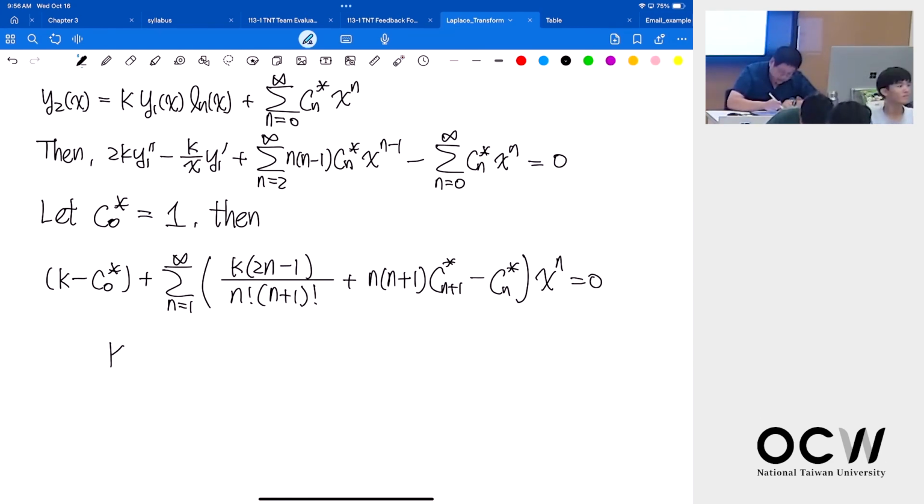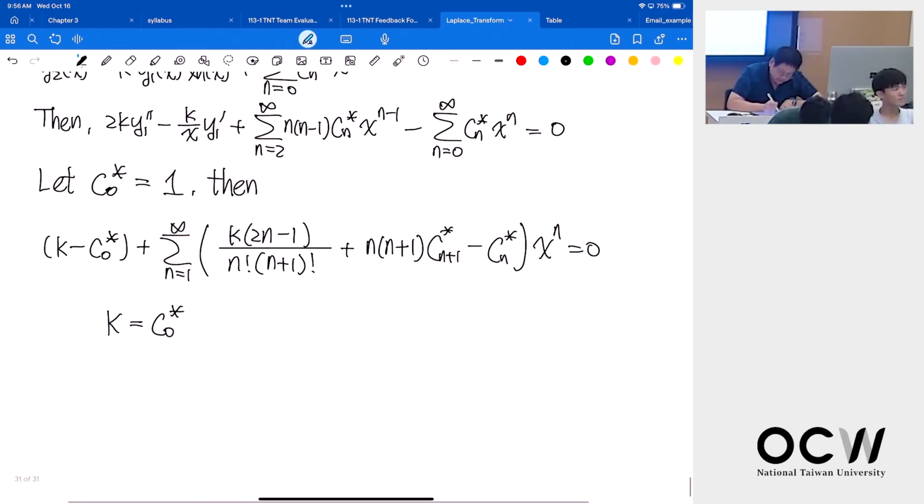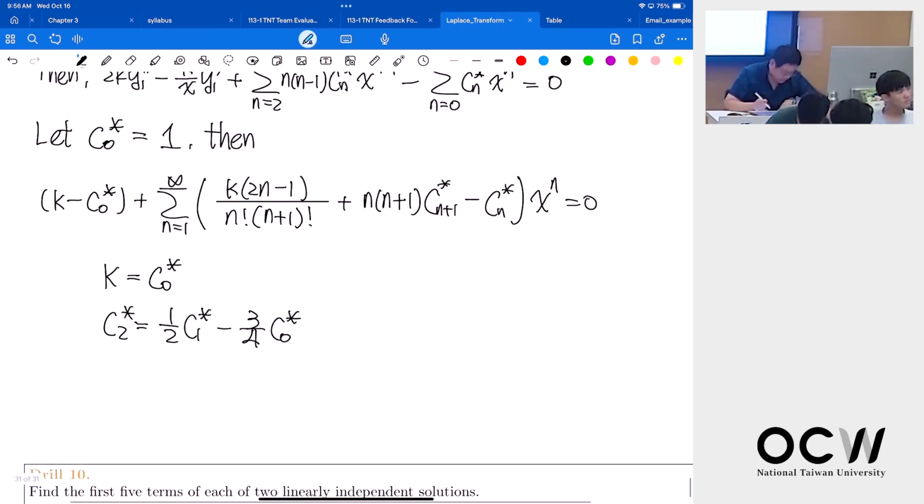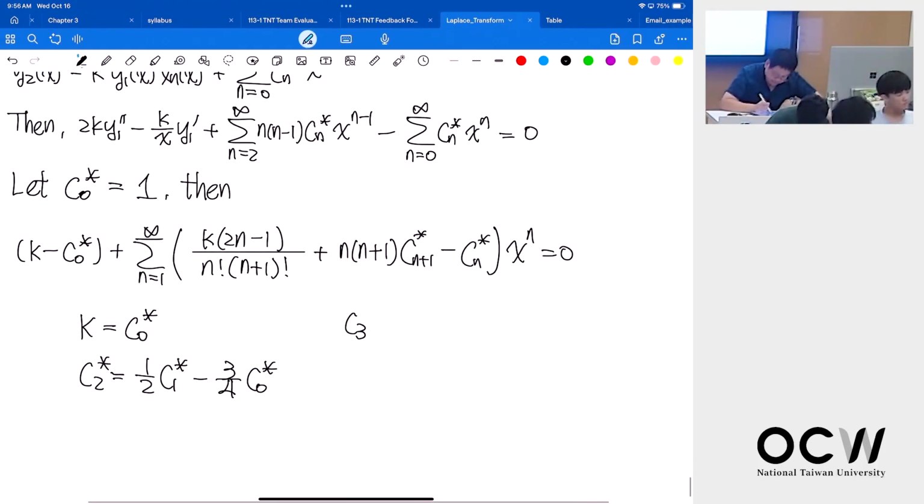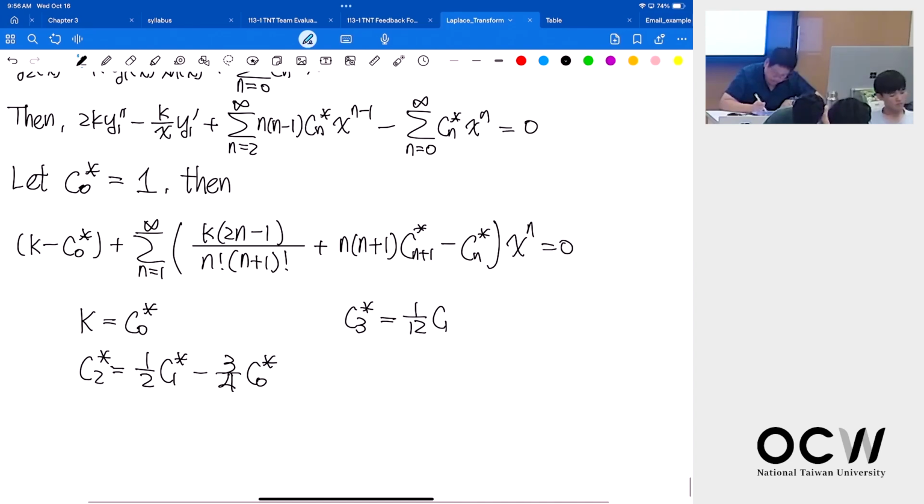So k, instead of 0, now k is C naught star, and C2 will be 1/2 C1 star minus 3/4 C0 star. C3 star will be 1 over 12 C1 star minus 7 over 36 C naught star.